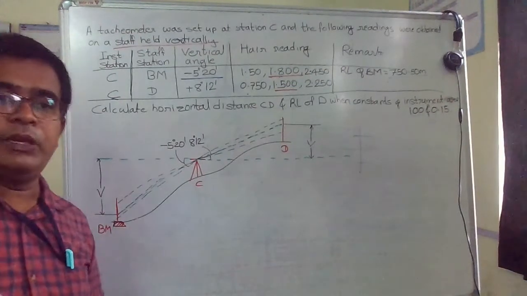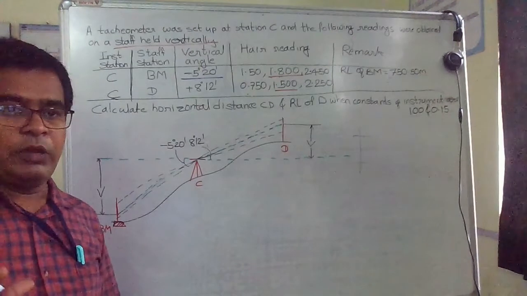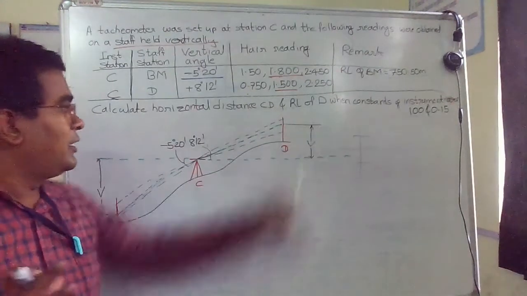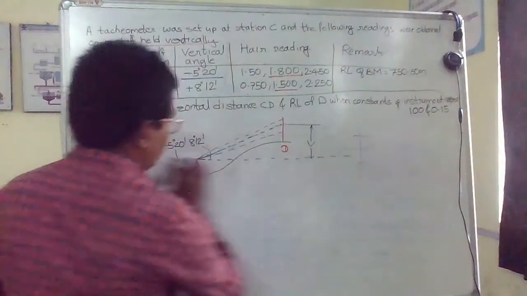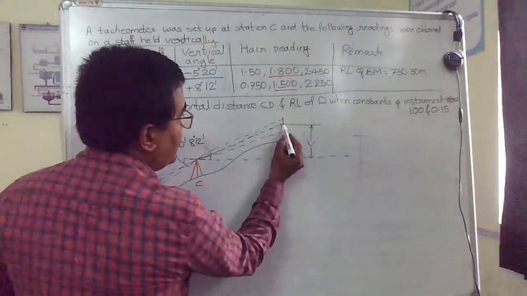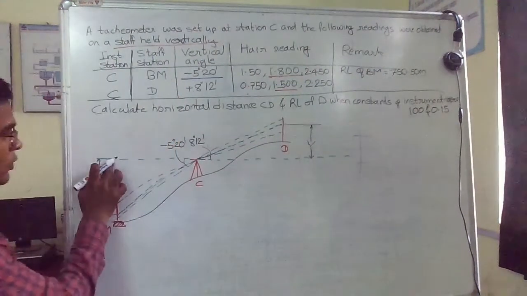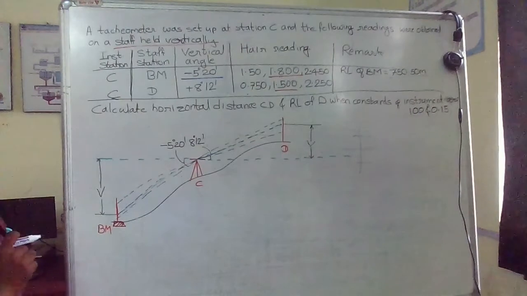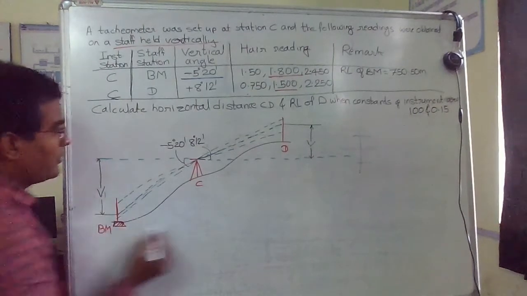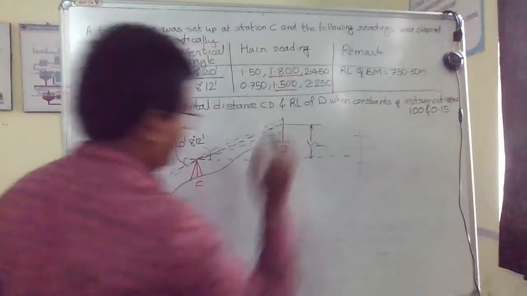Marking the position of V is an important thing. Once you mark it clearly, it is from the horizontal line of sight up to the middle crosshair reading. Here also it is from the line of sight to the middle crosshair reading. We can call it V1 and V2.